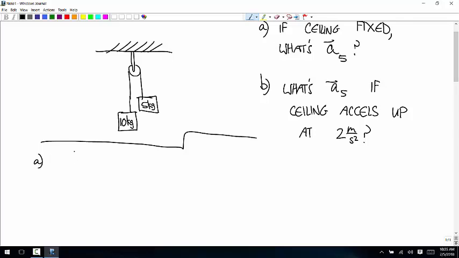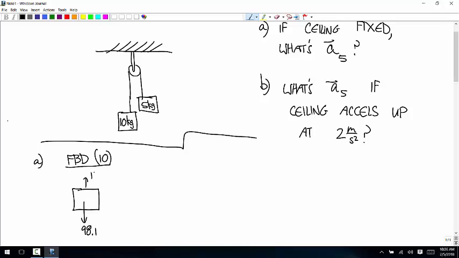Okay, so first of all, free body diagram. We're just going to do free body diagrams of each of these two objects. So the 10, there's a weight of 9.81 times 10, 98.1.